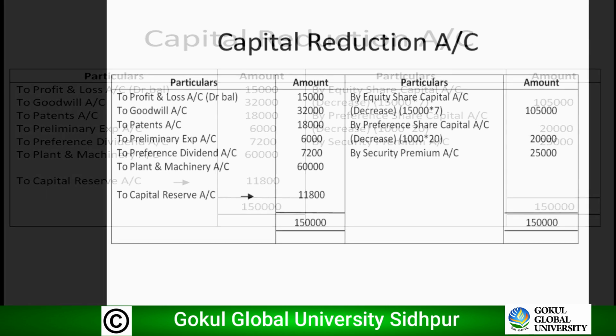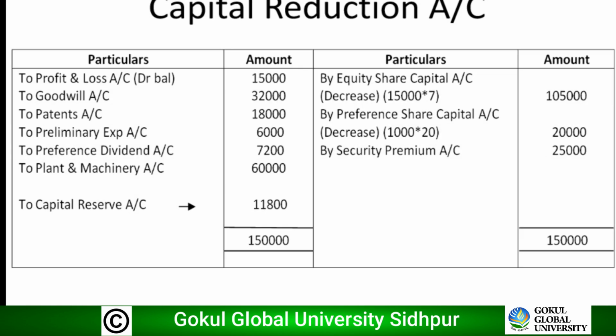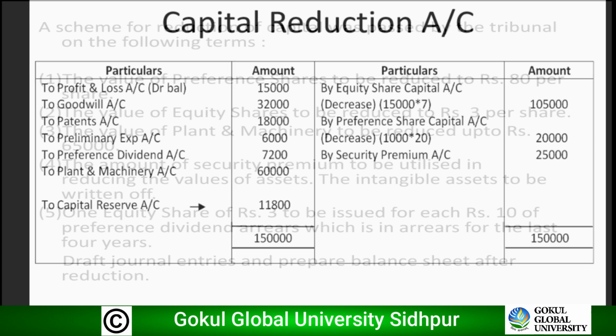So reduction price for share is rupees 7, 10 minus 3, and shares are 15,000. So we can get the reduction price 15,000 into 7, 1,05,000.